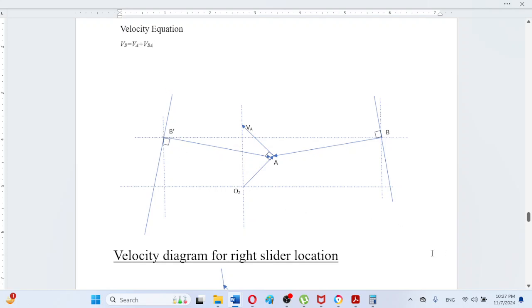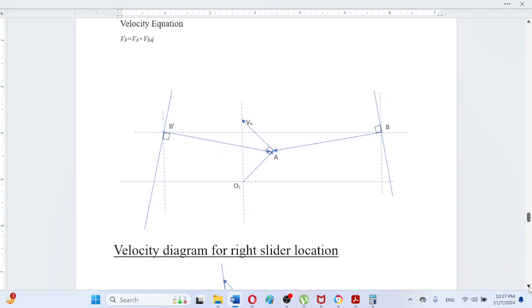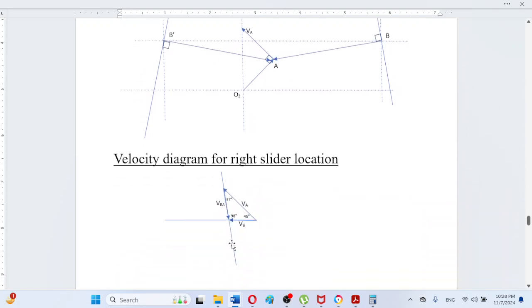And in this way the velocity diagram for the slider has been drawn here, as we can observe, and I have explained the procedure for drawing this diagram many times. We locate the value VA at the correct angle, which is 45 degree, because the crank was at 45 degree, so this angle of VA with the horizontal is 45 degree.